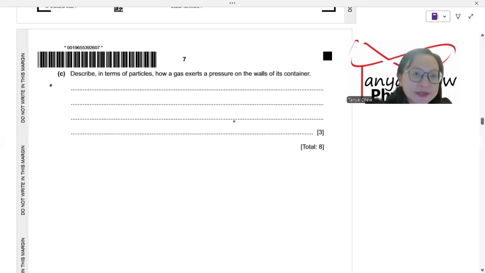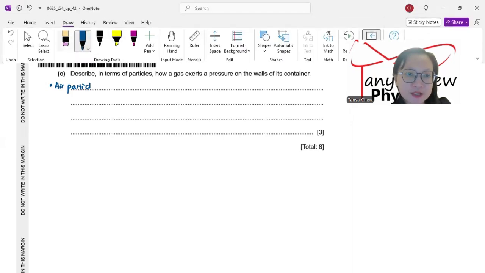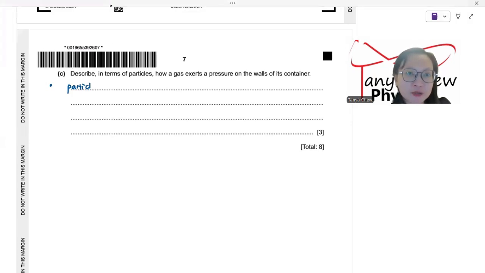I said that air particles, because this is about gas, or you can say gas particles. Now let me change that to gas, easier. Gas particles are moving in random directions.